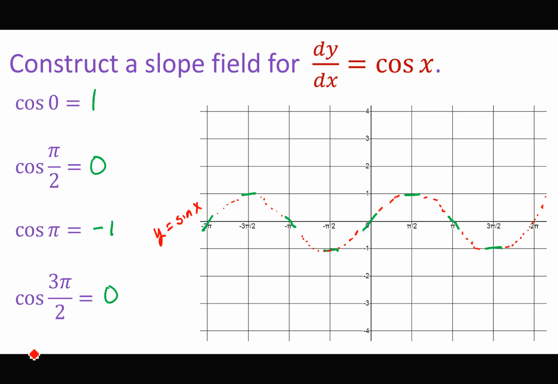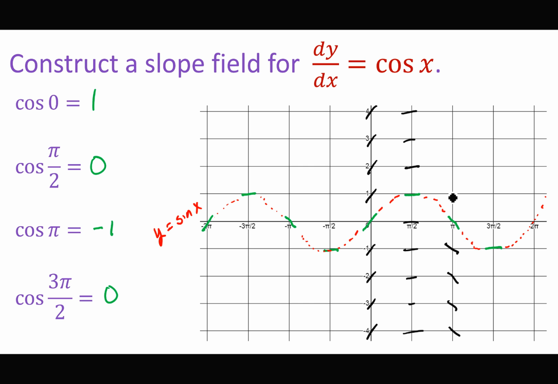And we've already seen this, but this graph can be shifted up and down. And so here on my y-axis, they will always have a slope of 1. At pi over 2, they will always have a slope of 0. At pi, they'll have a slope of negative 1.